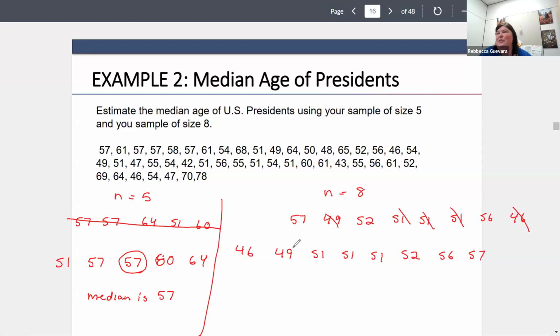Let me make sure: 1, 2, 3, 4, 5, 6, 7, 8. Got 8 of them. So in this case, these two in the center are going to be my median because it's an even count. If I take that and divide by 2, 102 divided by 2 gives me 51 again.